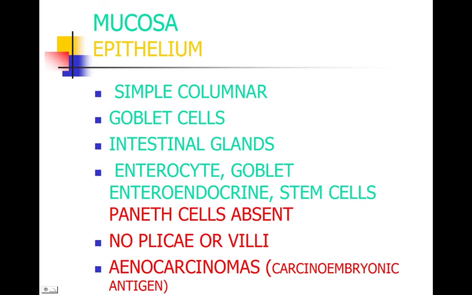The upper part of these glands has the enterocytes. The deeper part of these glands has a lot of goblet cells. There are also enteroendocrine cells and the stem cells, which are the reserve cells, and they are giving rise to all the new cells. The Paneth cells are absent in the colon, as we have told you about the Paneth cells in the small intestine.